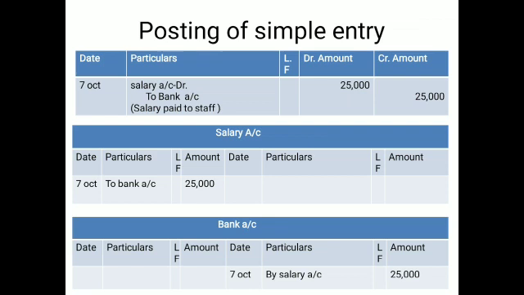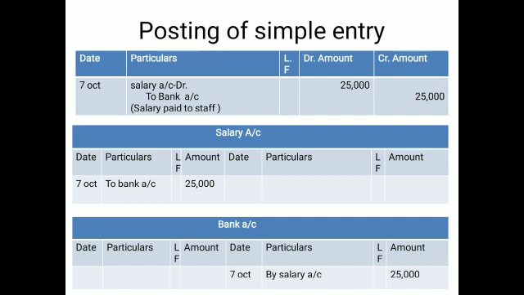Now you may see, first salary is debit. When salary is debit, you go to the debit side of the salary account and write down the date, the amount, and then the word To with reference to the name of the account to be credited, which is listed in the journal entry. That needs to be placed here: To bank account, the name of the credit item. In the bank account, you may see the bank is on the credit side in the journal entry.